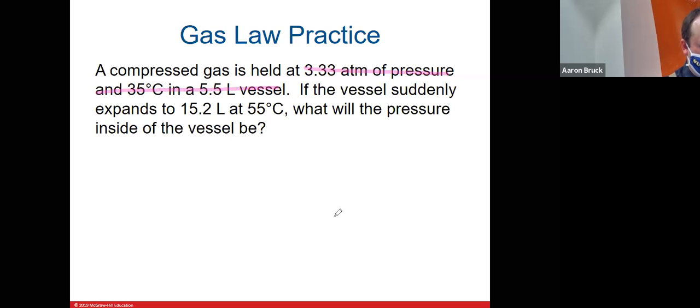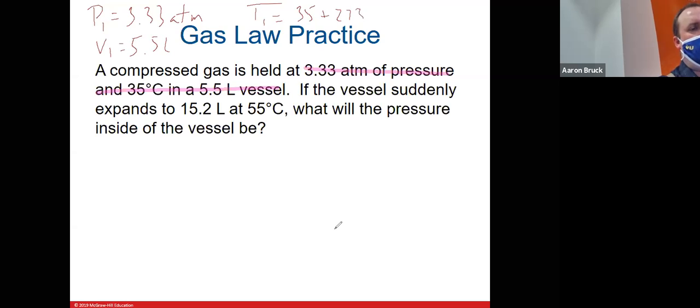So from that, I can derive that my P1 is 3.33 atmospheres, my V1 is 5.5 liters, and my T1 is 35 plus 273 for 308 Kelvin.